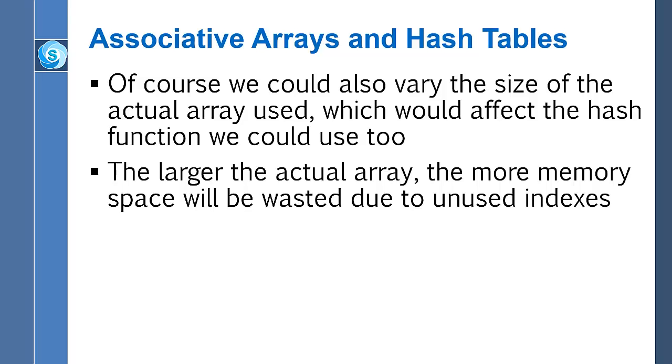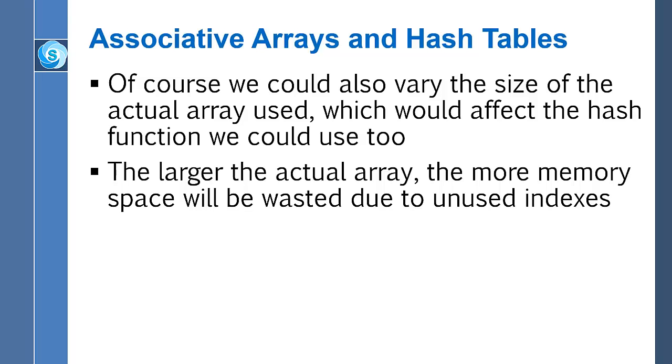In the example, we made the actual array size 1000, and therefore we required a hash function that converted a 9-digit key to a 3-digit index. But there's nothing sacred about that number 1000. We could have used a bigger array or a smaller array. There are some trade-offs here.